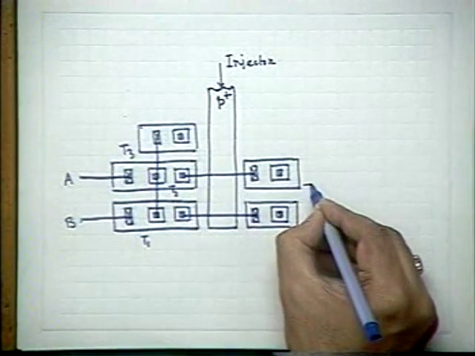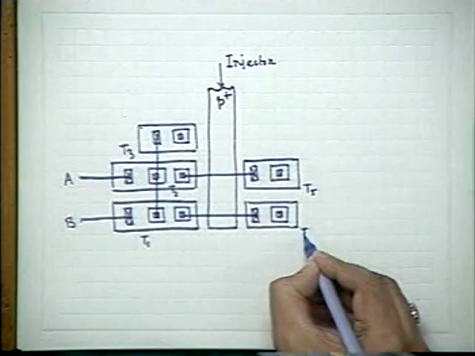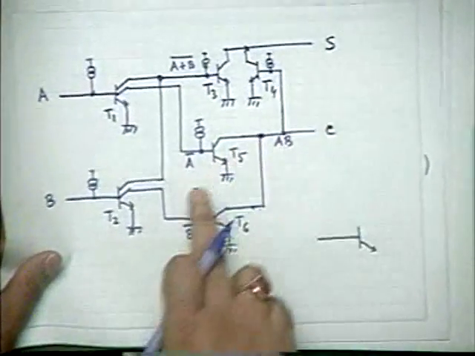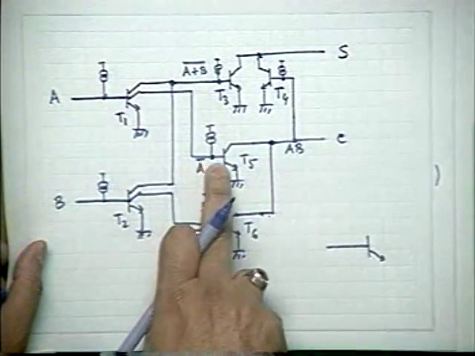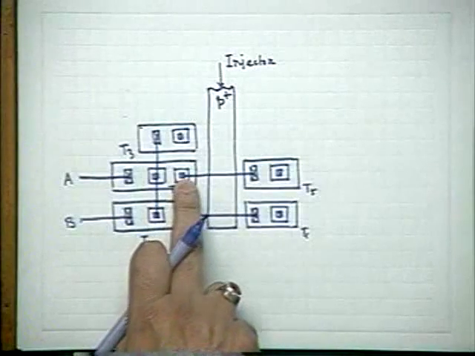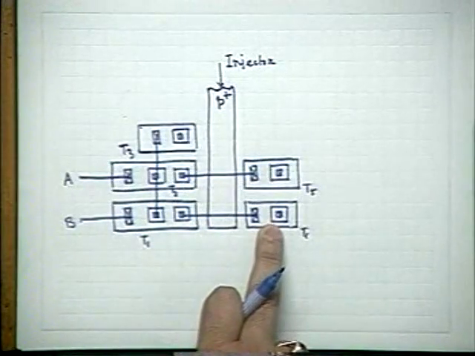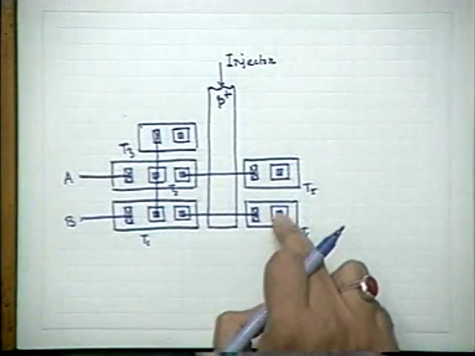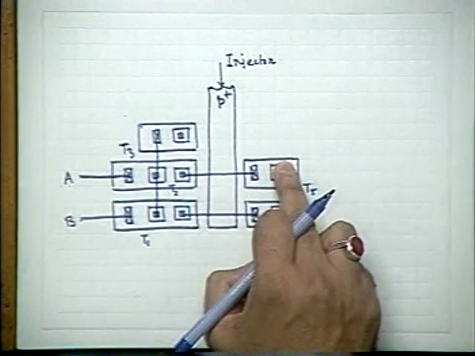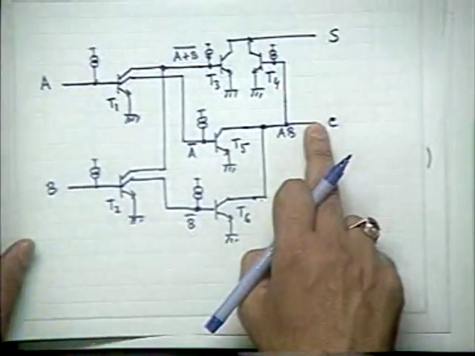These are T5 and T6, these 2 transistors. I have applied A bar here and B bar here. So A bar has been connected to the base and B bar has been connected to the base of this. And this is to be wired to produce the C function, the carry out.